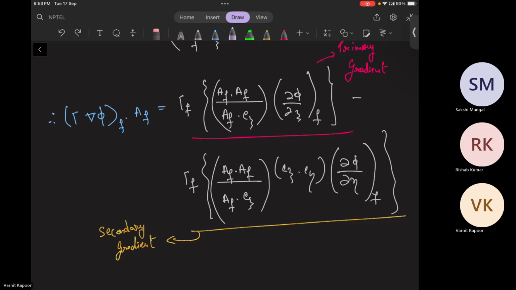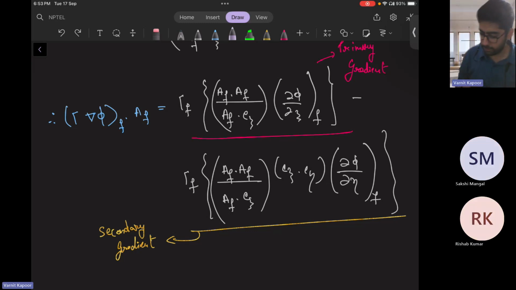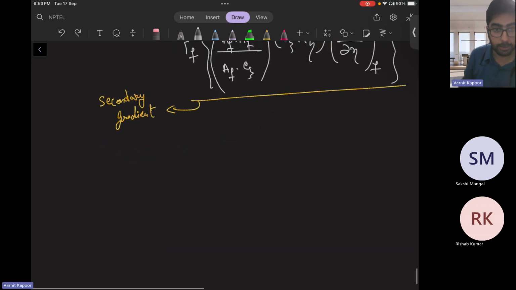Okay. If you have thought, let us proceed further. Now to get the values of phi zeta and phi eta. Phi zeta is nothing but dou phi by dou zeta at that phase.